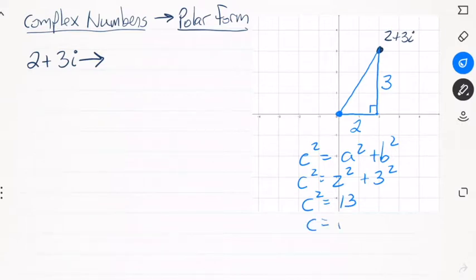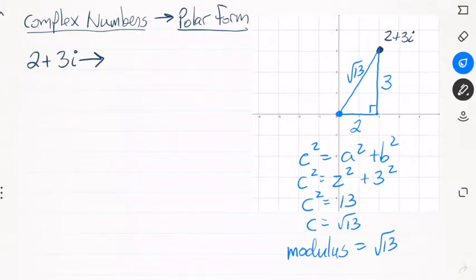So c is the square root of 13. So this side gets called the square root of 13. Now, strangely, for complex numbers, that square root of 13 has a special name. It is called the modulus. So we can say the modulus of this complex number is the square root of 13.